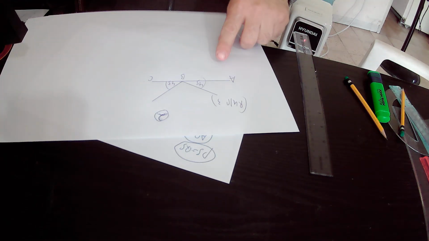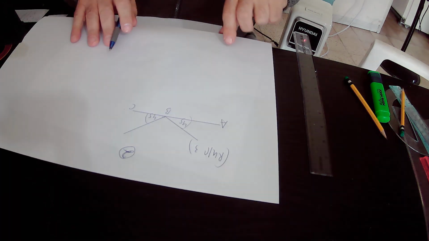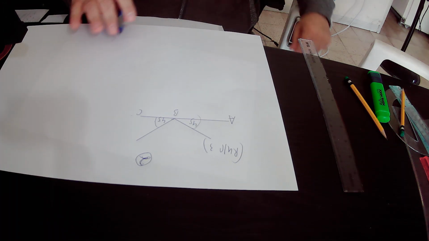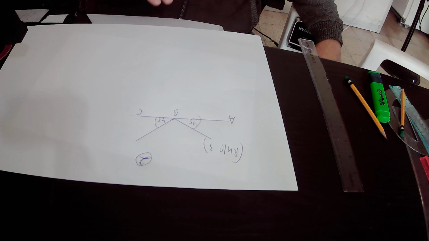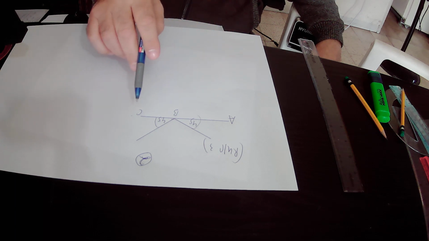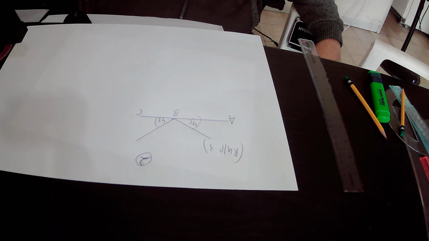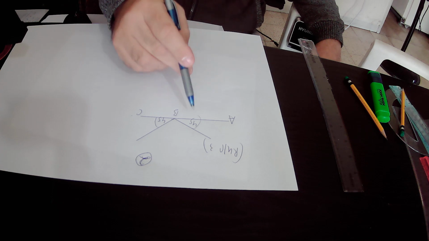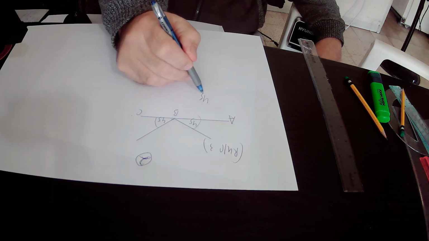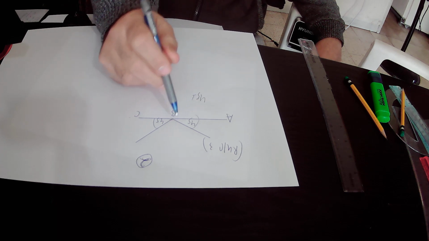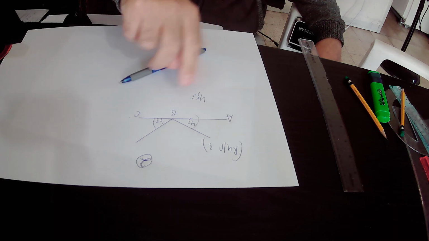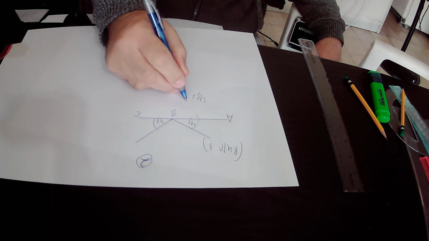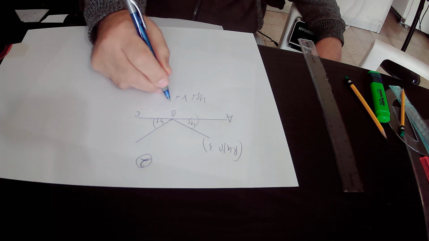So actually, this is the straight line AC that I copied from the original drawing. According to rule number 3, the sum of the angles on the upper side of the straight line AC at point B must be equal to 180 degrees. Which angles do we have at the upper side of AC at point B? We have this angle that is equal to 45 degrees, plus the missing angle that we will define as x, plus this angle that is equal to 45 degrees.